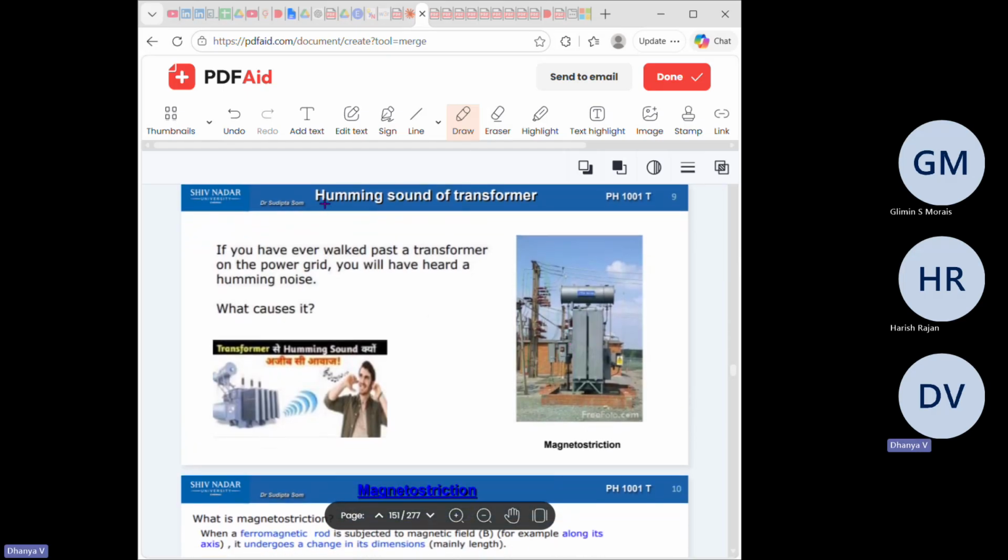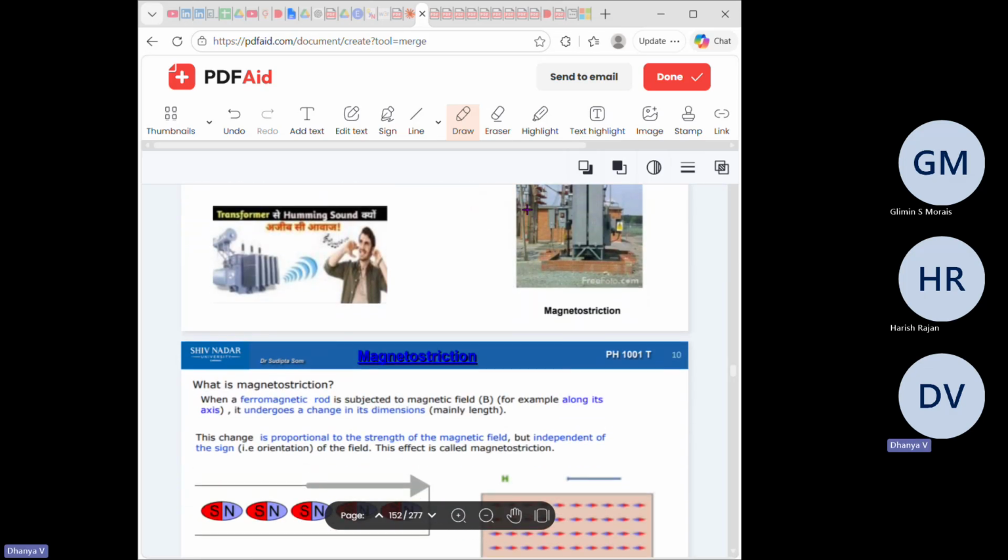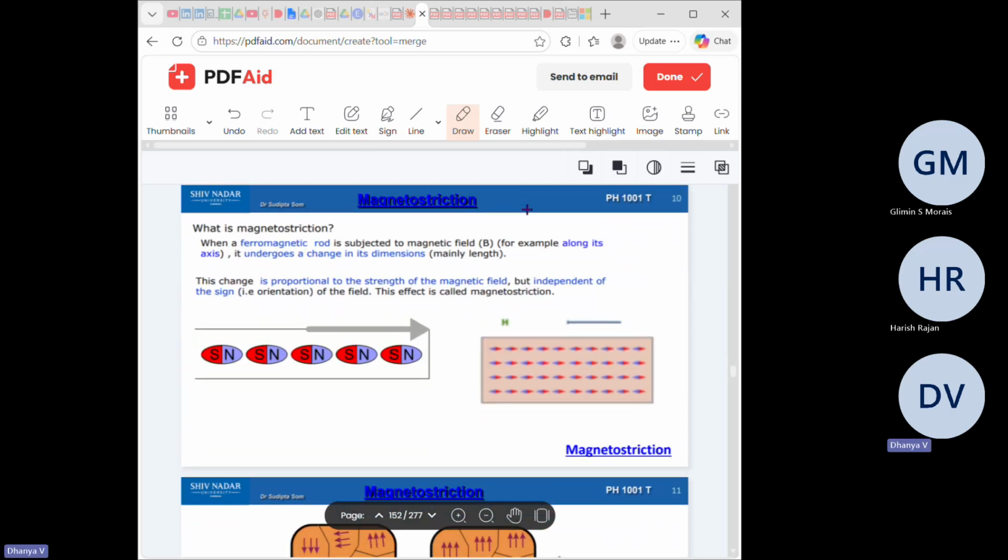The humming sound of transformers is because of magnetostriction. So we look into what that is now. This is something that's very important. When a ferromagnetic rod is subjected to a magnetic field, it undergoes a change in dimension. Essentially your length expands.